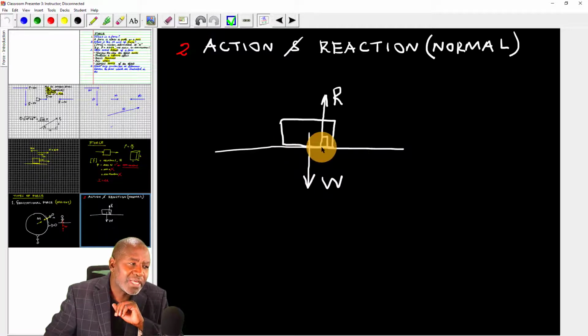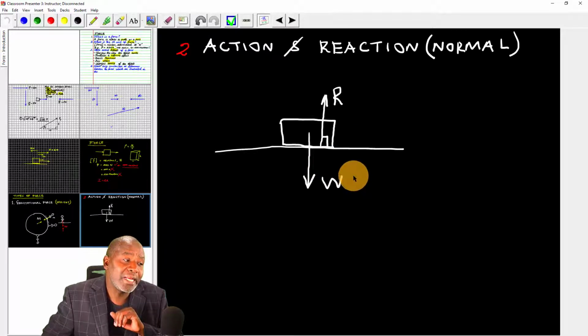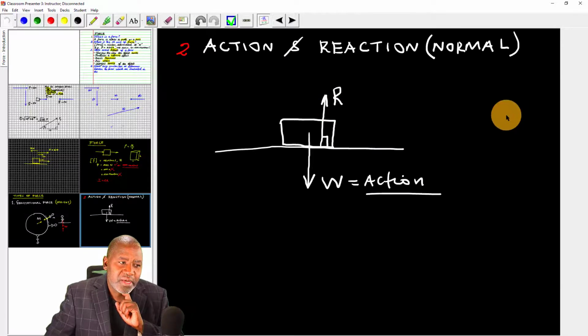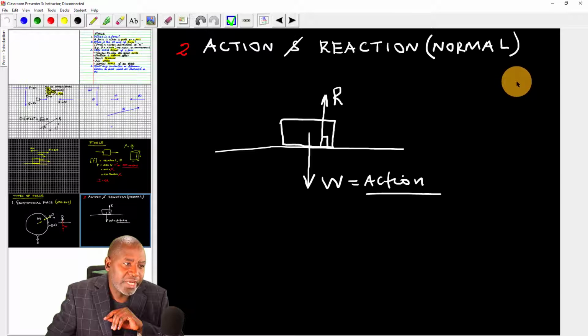Then the ground exerts an equal force to it in the opposite direction, which we are calling reaction. So the weight of the object may be regarded as the action, while the force that the floor exerts on the object is called reaction. So that is one way of looking at action and reaction.